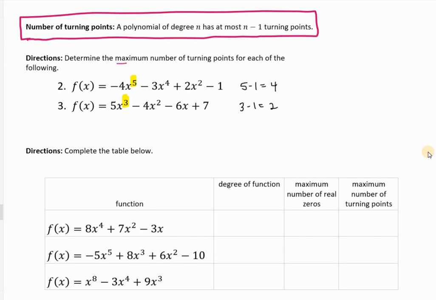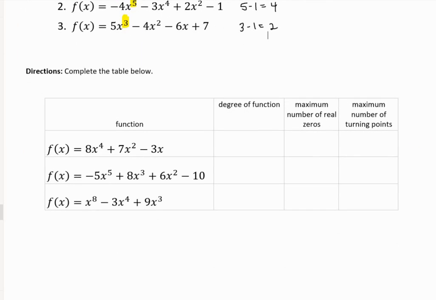Now, don't get the maximum number of zeros confused with the maximum number of turning points. If you have a function of degree n, the maximum number of real zeros is n, and the maximum number of turning points is n minus 1.